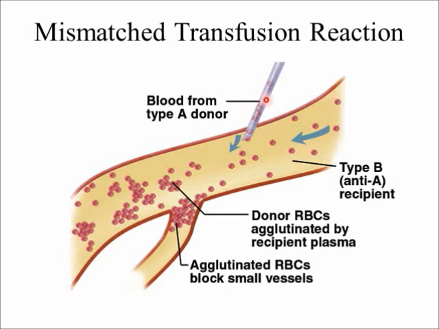So as soon as those blood cells come in, the anti-A antibodies are going to attack the A antigens on the red blood cells. And that's going to cause these blood cells to start to clump together. And if they block a blood vessel, there's where the problem is going to come in. You're going to restrict the flow of blood to that particular organ.